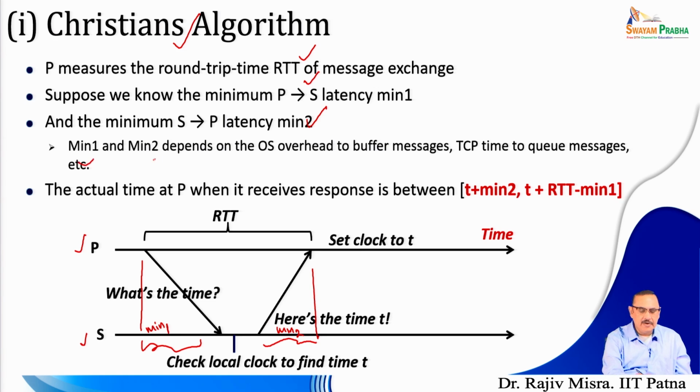Min 1 and min 2 depend upon the operating system overhead to buffer the messages and the TCP time to queue the messages, because this communication has to deal with the buffers and queueing.